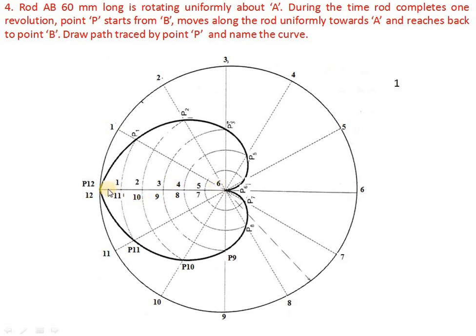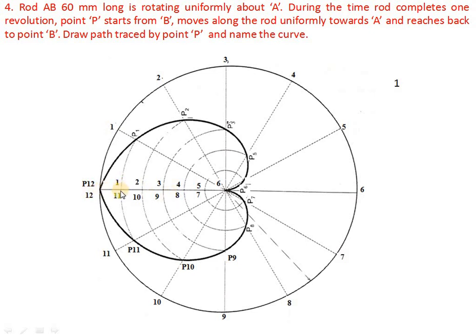That means we make 12 divisions here, forward 6 and backward 6. So in 12 divisions of the circle, point P travels 6 divisions and reaches the center, and while coming back in the next 6 divisions, it comes to its original position.